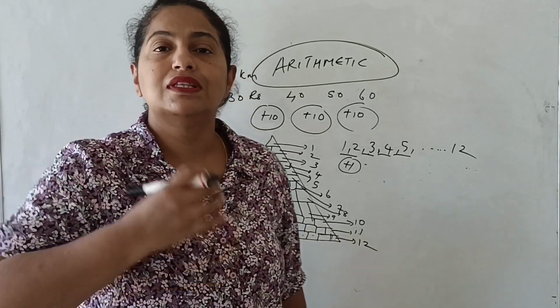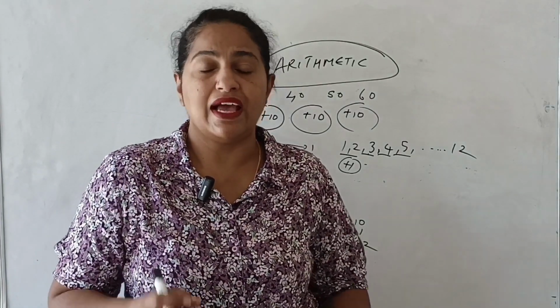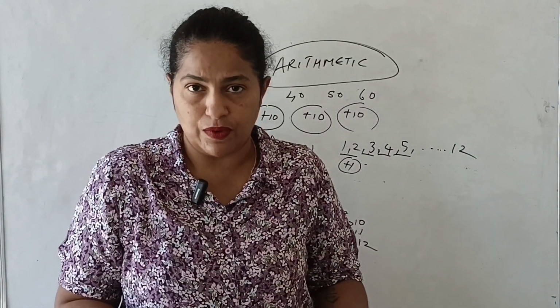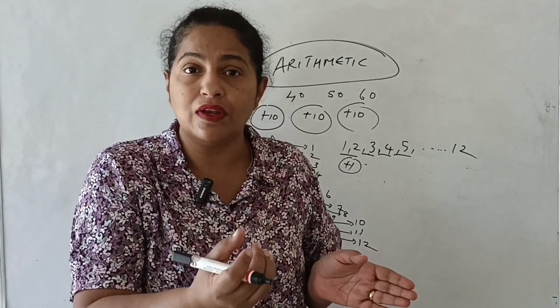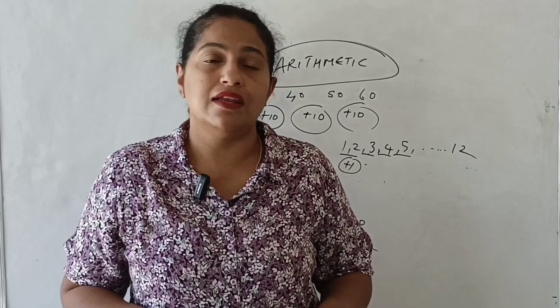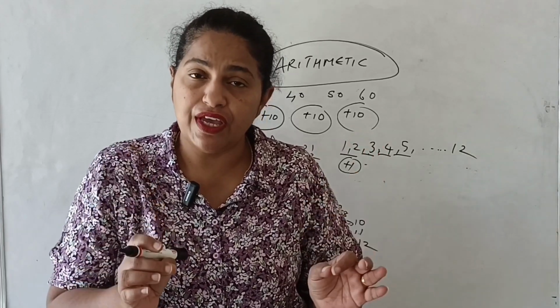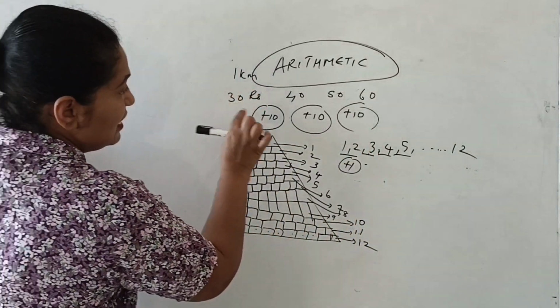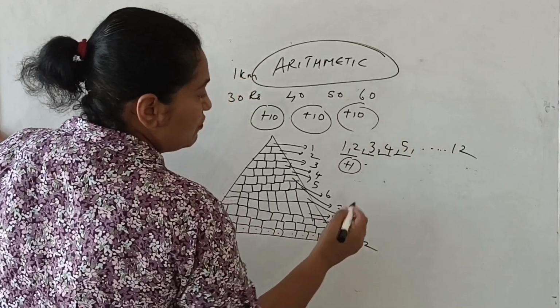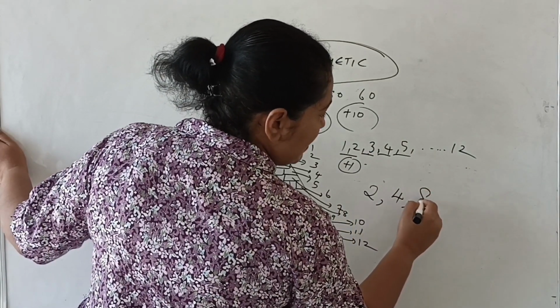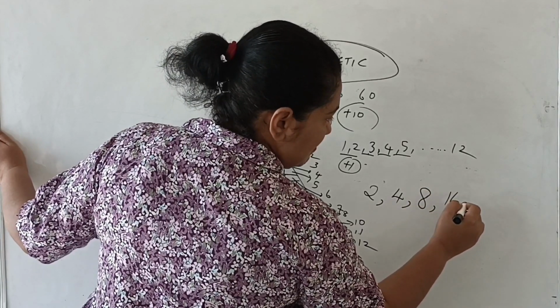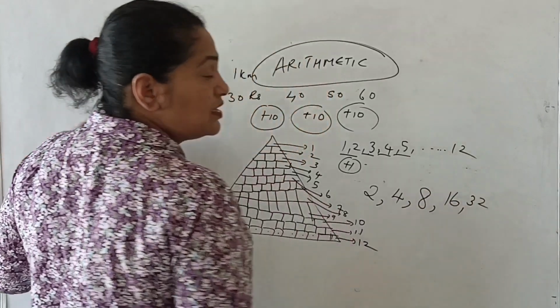Now, actually speaking, there are a variety of progressions. After arithmetic progression, you will learn about another progression, not in grade 10 but in grade 11, wherein, suppose the first term is 2, the second term is 4, the third term is 8, the fourth term is 16, and the fifth term is 32.